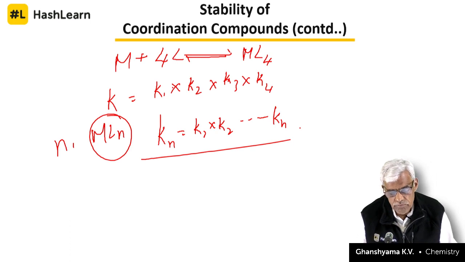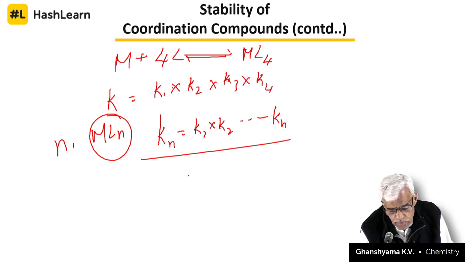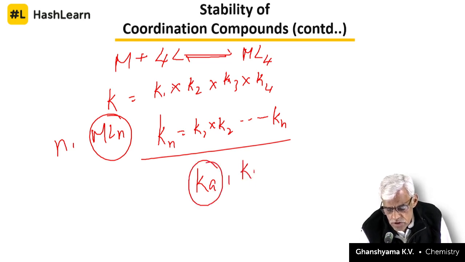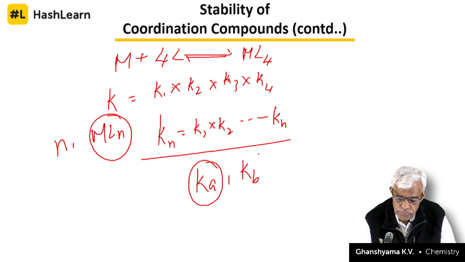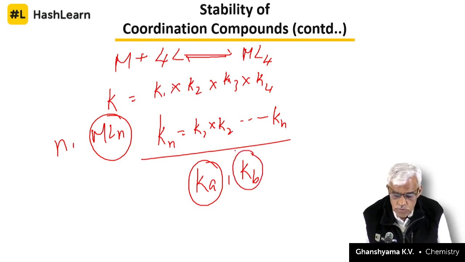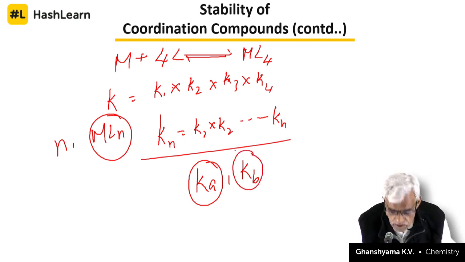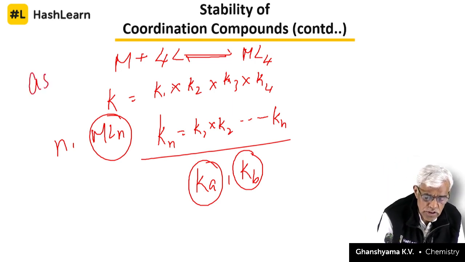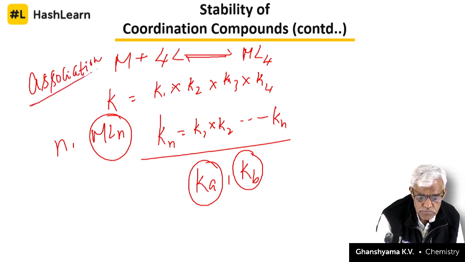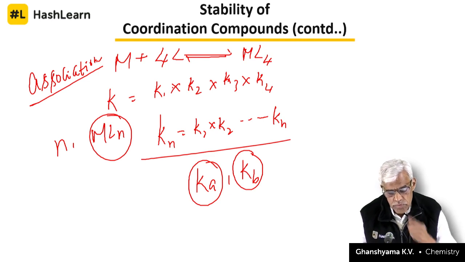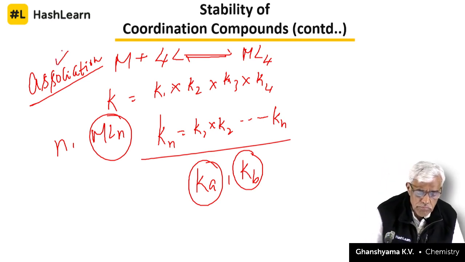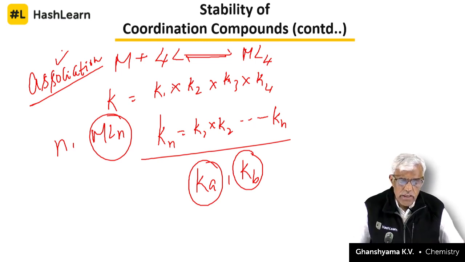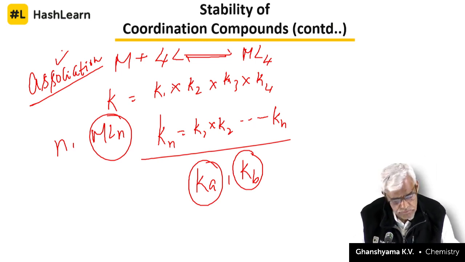This is association. So in the case of acids, we call dissociation constant. In the case of bases, we call dissociation constant. If the dissociation constant is more and more, molecule present will be less and less. Whereas this one is association constant. Stability constant is nothing but association constant, because metal is associating itself with the ligand.